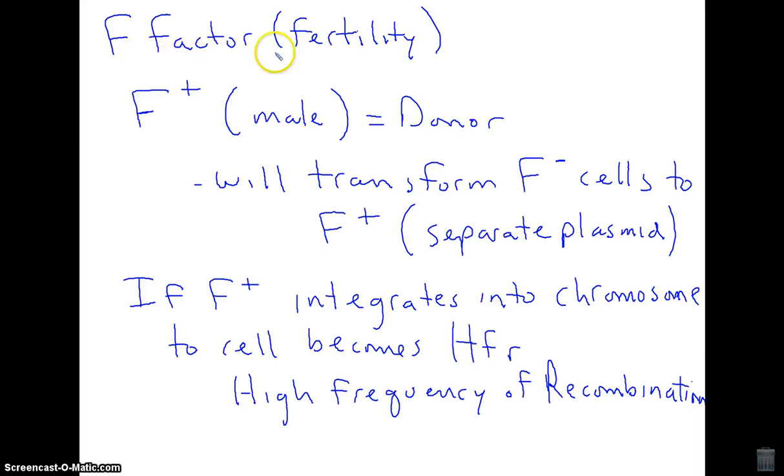And so the F factor, for fertility, as we mentioned in the first or second slide, is mostly what we call the male. It's going to be the donor, and it will transform F- cells to F+, and it's on a separate plasmid. And then what we'll see is if the F+ integrates into the bacterial chromosome, the cell becomes Hfr, which is a high frequency of recombination, which allows it to transfer its genes to other bacteria more readily.